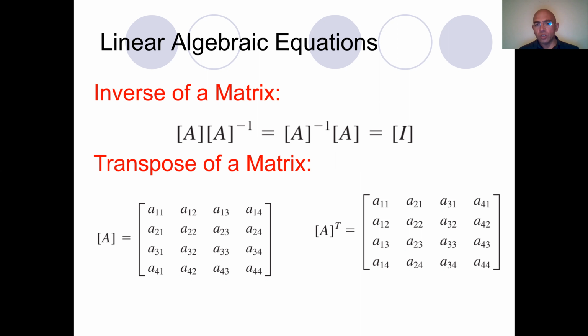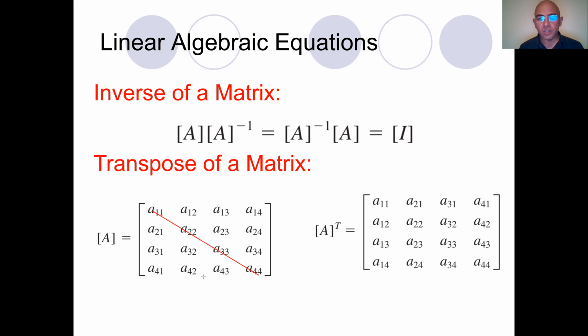Now, we have an important operation. How do we define the transpose of a matrix? Remember that we always do or define things with respect to the diagonal of the matrix. In fact, let's draw a line again on the diagonal.